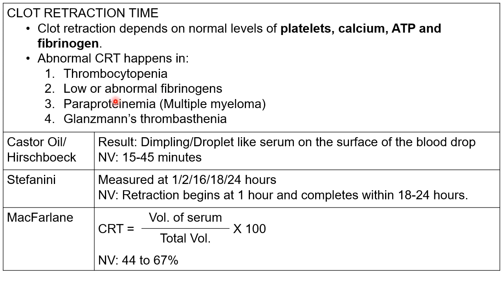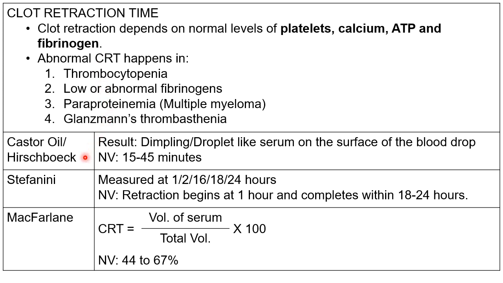And then next, yung mga abnormal proteins, which is present in paraproteinemia or the multiple myeloma. Ano ba yung mga abnormal proteins in multiple myeloma? Diba, severely increased yung mga immunoglobulins natin. And then lastly, your Glanzmann thrombasthenia, no? Pwede mo rin gamitin ang clot retraction time.